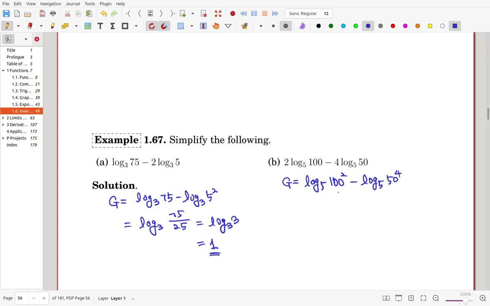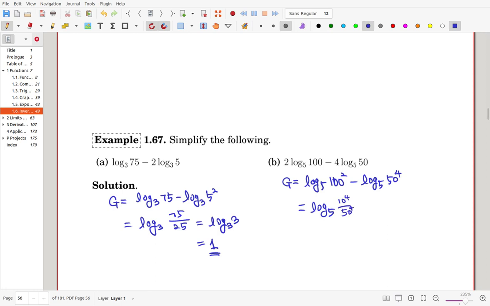And by using the quotient rule, you get 10 to the 4 divided by 50 to the 4.